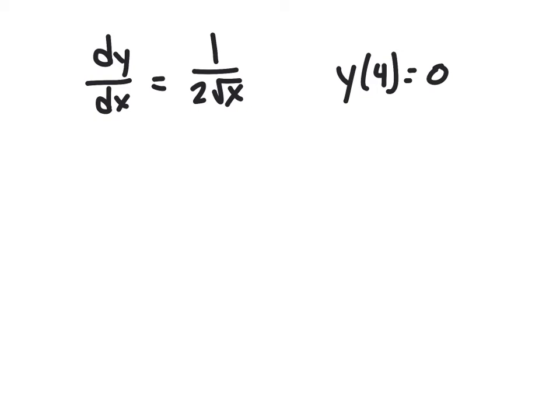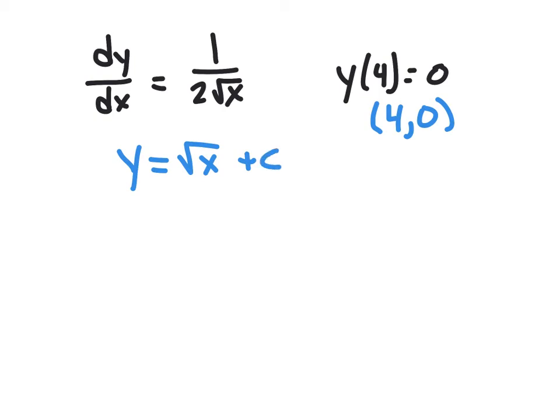The initial condition is y of 4 equals 0. Remember, that tells us that when x is 4, y is 0 on the curve. This is the derivative of the square root of x. So that means the original function must be y equals the square root of x plus some c. We won't know what c is until we plug in the initial conditions.